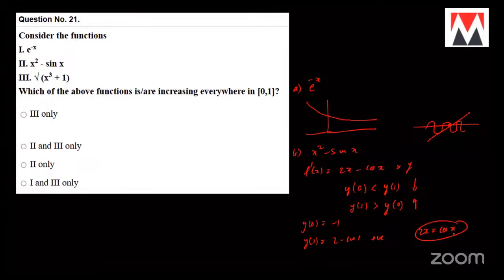So this is not increasing everywhere. One value is positive, one value is negative, and somewhere between you have 0. So option 2 is not increasing everywhere, 1 is not increasing everywhere, only 3 is increasing everywhere. The answer is A.